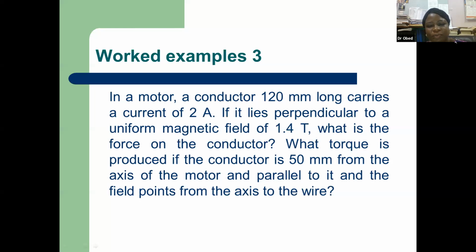What torque is produced if the conductor is 50 millimeters from the axis of the motor and parallel to it, and the field points from the axis to the wire? So I expect that you will solve it and send the solution as a message today, within this lecture period, if possible.